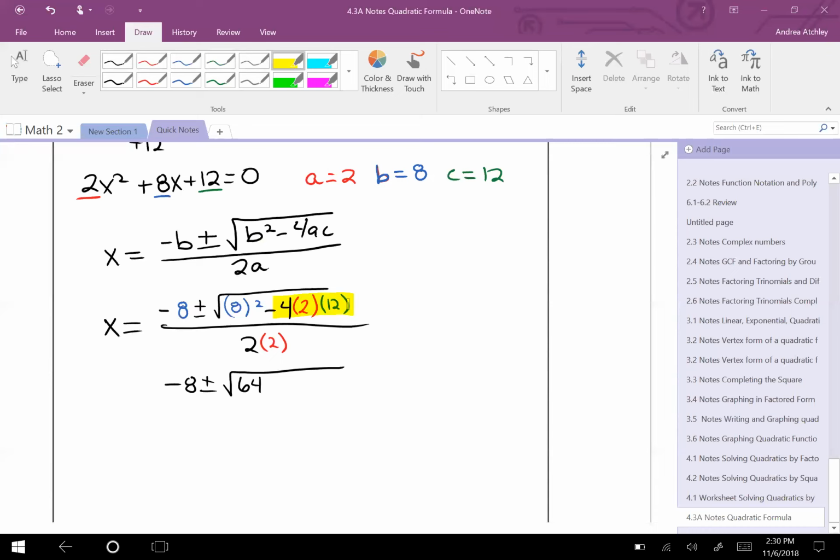An odd number of negatives keeps it negative. An even number of negatives makes it positive. So it's negative 4 times 2 is 8. 8 times 12 is 96. All over 2 times 2, which is 4.